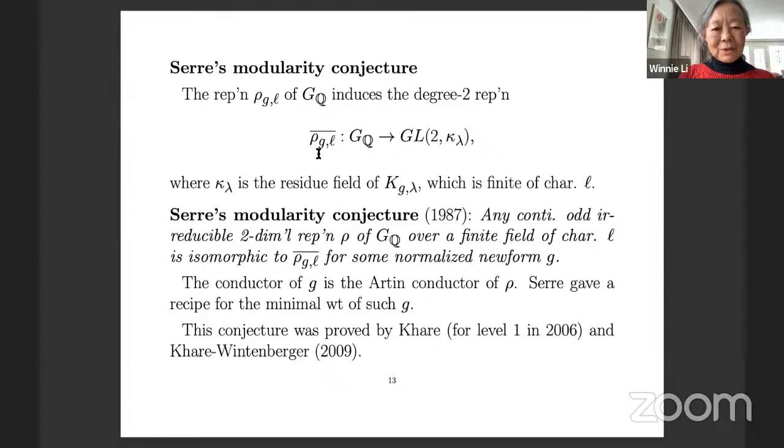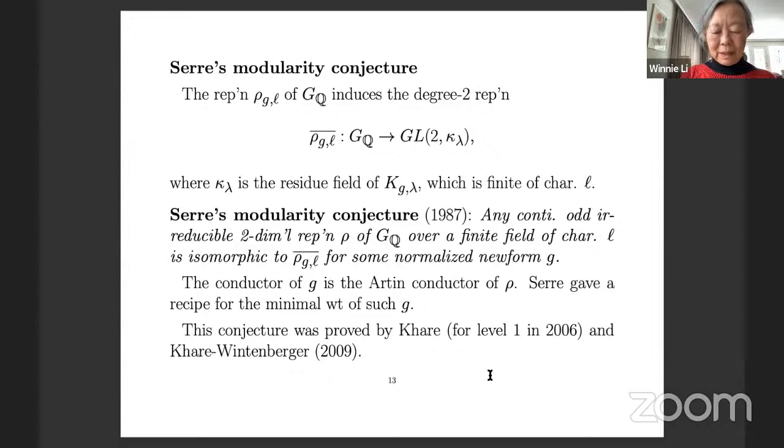The conductor of the newform is equal to the Artin conductor of the representation rho, and Serre gave a recipe for the minimum weight of such a form. This conjecture was proved by Khare for the case of level 1 in 2006, and then in joint work with Wintenberger in 2009 in general.